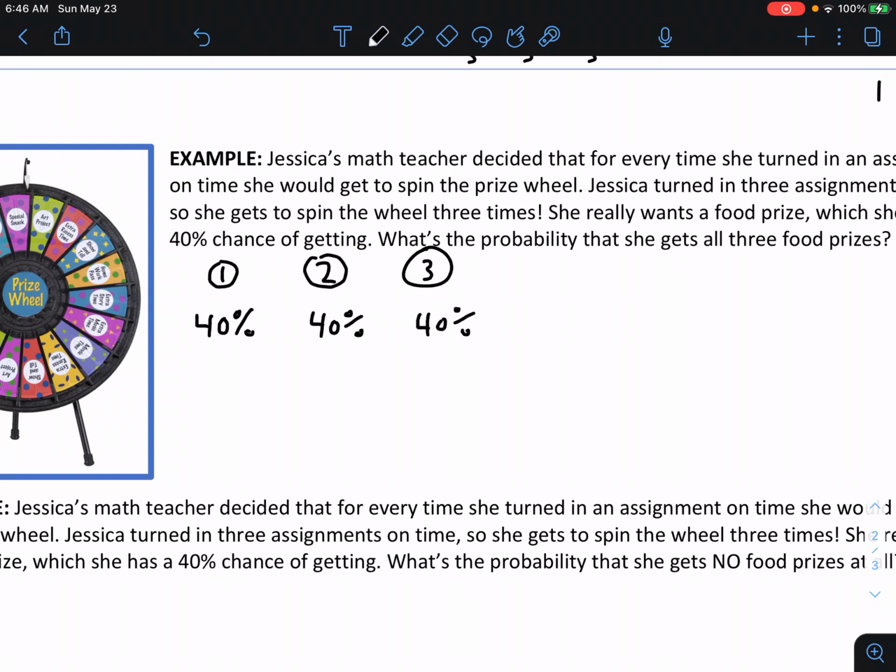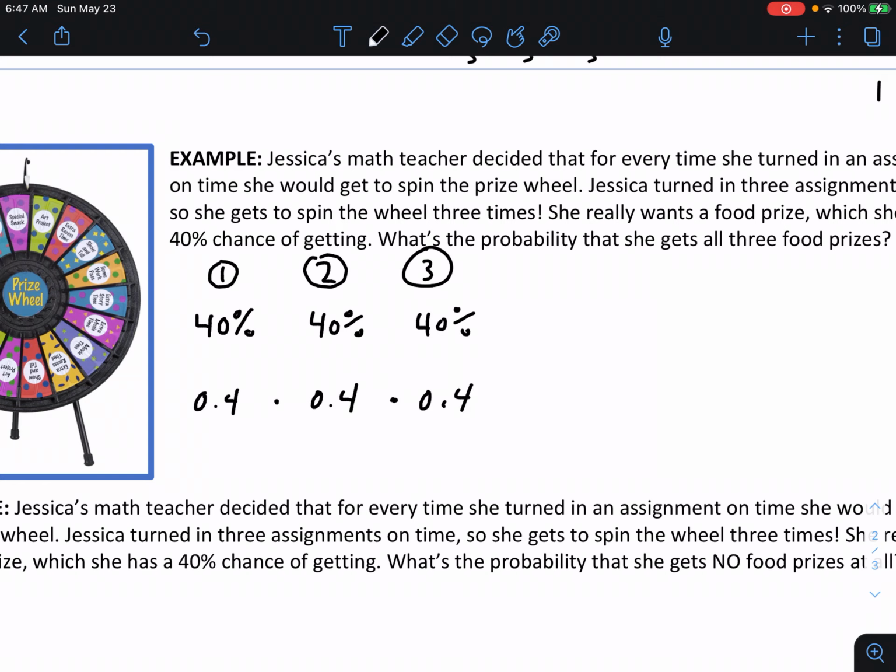So we have 3 probabilities that are exactly the same. Now we want to figure out the probability that she gets all 3 food prizes. So we multiply these 3 together. We can't multiply percents like this, we have to change them to decimals. So we're going to multiply 0.4 times 0.4 times 0.4.